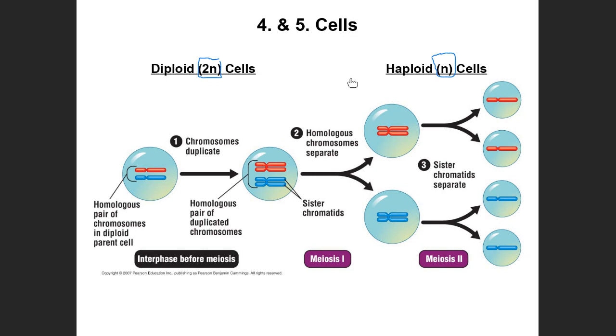Now, I'm going to start with haploid cells, the N. The N represents the number of chromosomes in a cell.